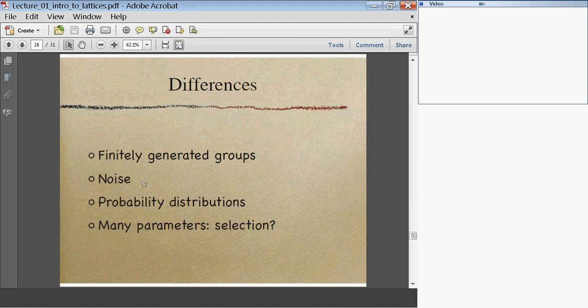Another concept that's very important is noise, and we'll discuss this concept in more detail in further lectures. It plays a very important role in the security of lattice-based crypto schemes. When you introduce the noise, and you remember we discussed the learning with errors problem in the previous lecture, the introduction of noise is what makes the problem hard.